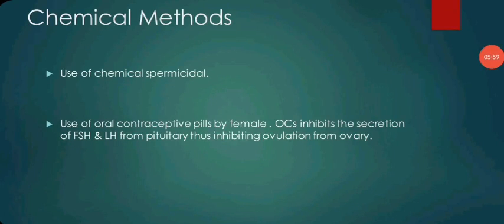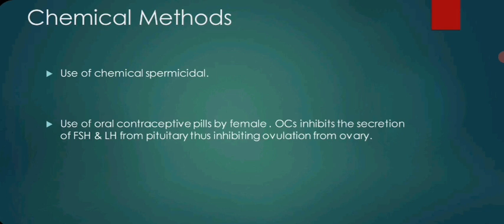Now I'll talk about the chemical methods. There are certain chemicals that we use to prevent pregnancies. First is the use of chemical spermicides. There are some chemicals that are used to kill the sperm so that pregnancies can be prevented, and there are some chemicals that women take orally, that are called contraceptive pills, or OCs in short.